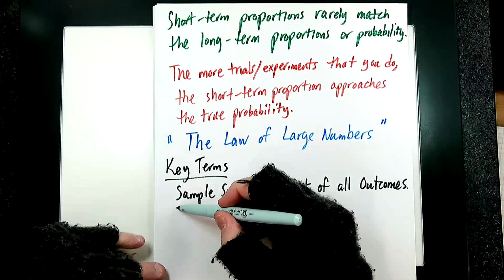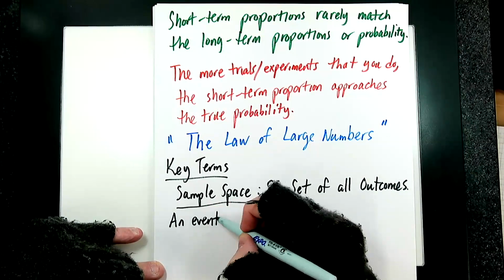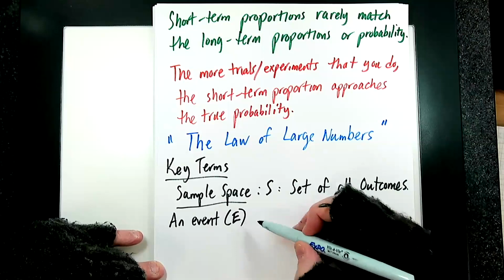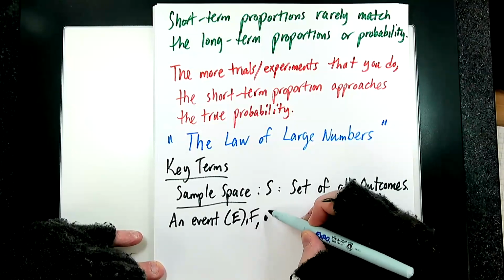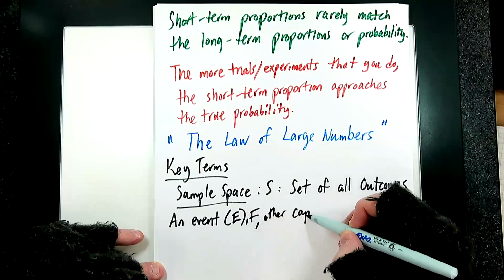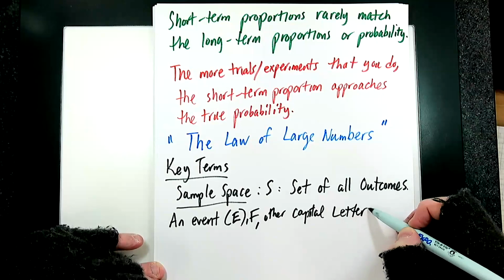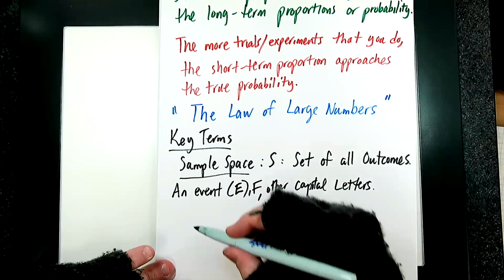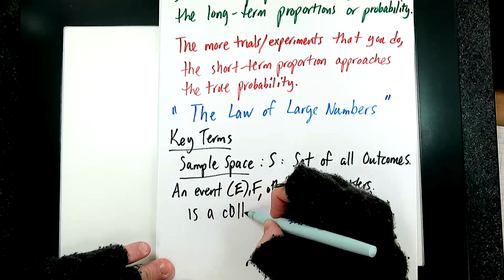So that's sample space. An event, which we often denote E, but sometimes we use F, other capital letters. I'll use E and F a lot. This is a collection of one or more outcomes.